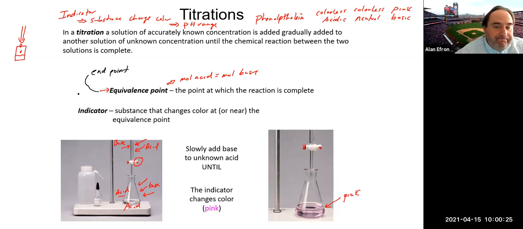Now, for example, phenolphthalein works in a pH range of about 8.3 to 10. So if you've ever done a titration with phenolphthalein, usually what they tell you is you want to stop at that very first sign of pink, so faint that you have to put a white piece of paper underneath it to see the pink color.